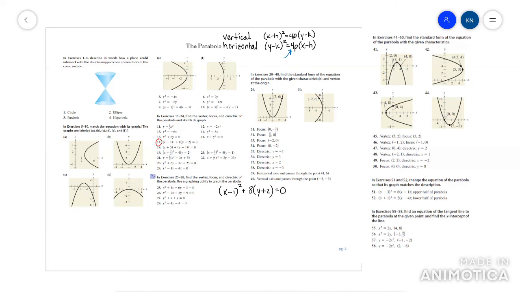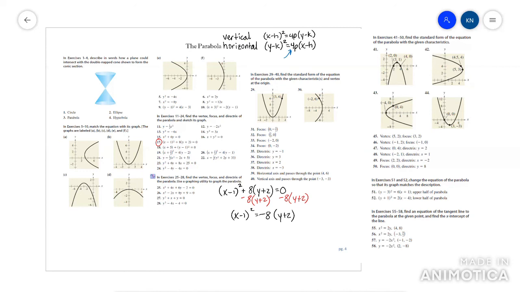Okay, similar to the last problem, I'm going to try to get this (x - 1) squared by itself. See how it's by itself in the default equations? Which means you need to subtract 8y plus 2. So you could really rewrite this problem as (x - 1) squared equals -8(y + 2).